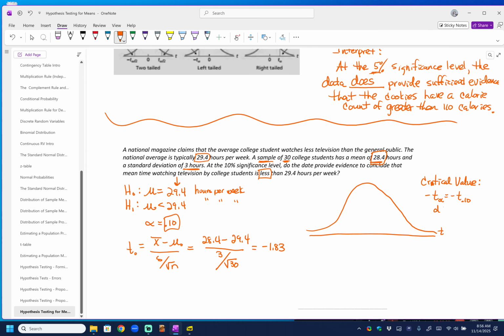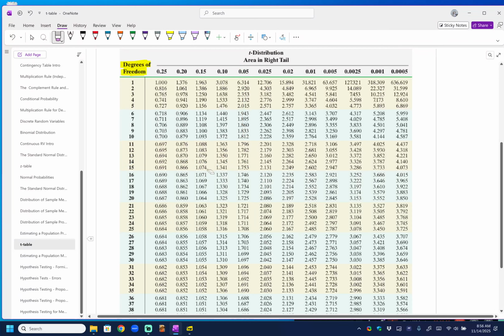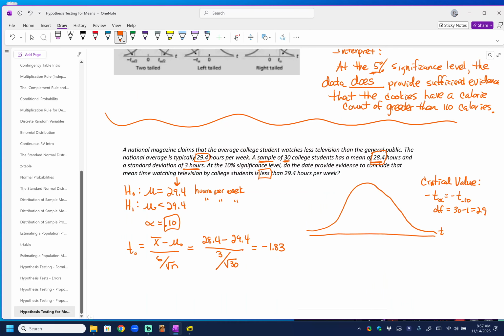So the degrees of freedom is equal to 30 minus 1, which is 29. So we go over to our t-table. We're finding 29, which is here, and we're looking for 0.10, which is here. We meet in the middle, and it looks like we're at 1.311. So we go back and we say, okay, we've got to bring the negative over, get negative 1.311, and we go to our distribution and we place that number there.